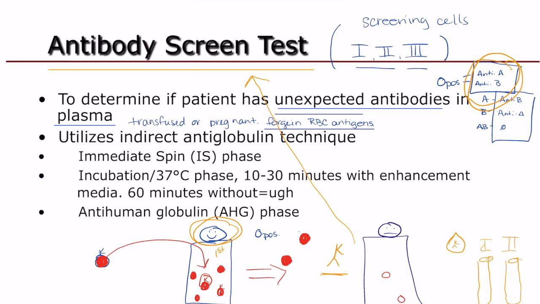Initially I didn't have any unexpected antibodies, but now we're looking to see this. And notice I am drawing these. This is an IgG antibody. We can't detect this with just an initial spin, like we can when we're testing for anti-A and anti-B. So we have to do something additional to this.